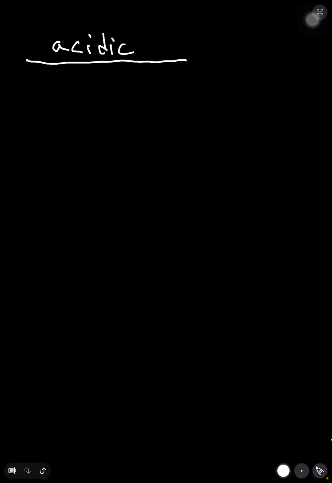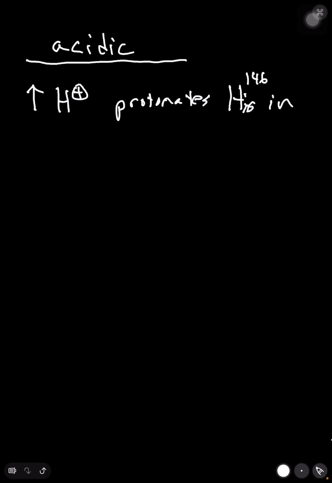If you have increased amounts of H+, what this does is it protonates histidine 146. So residue number 146 of histidine in your beta subunits.